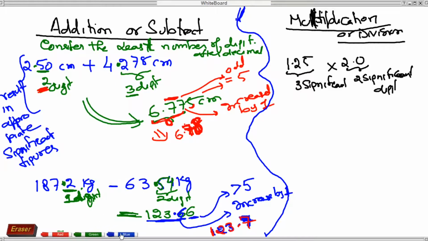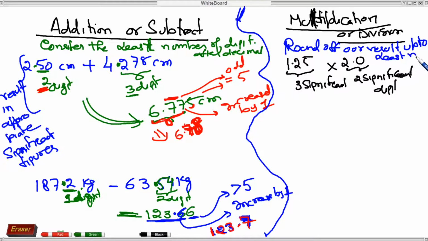So in case of multiplication or division, we will round off our result up to the least number of significant digits.